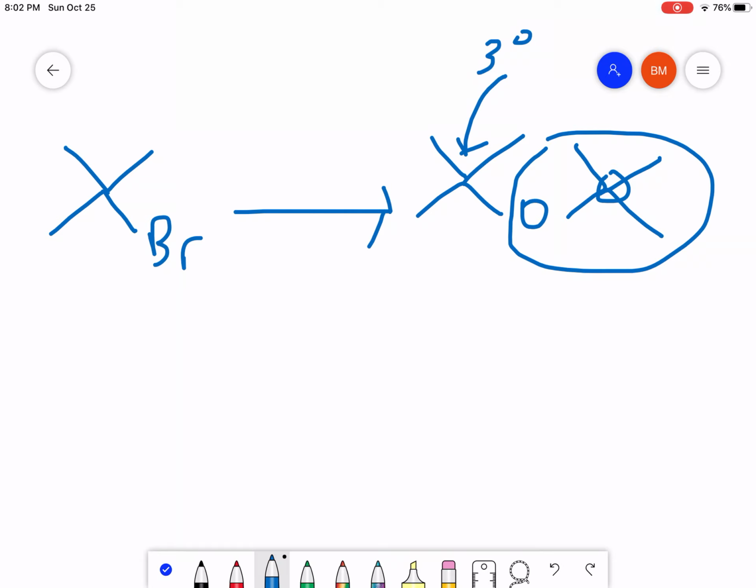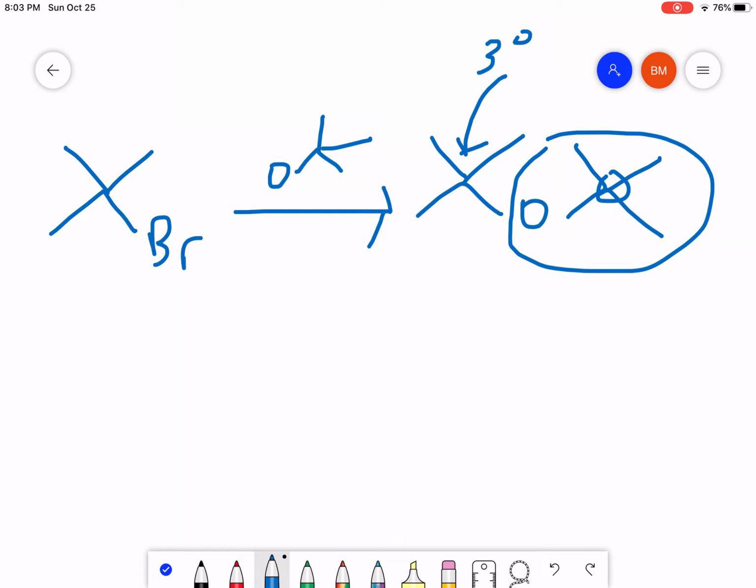Alright. So what type? First of all, what are we trying to get on here? We're trying to get another tert-butyl group and an oxygen. Alright. So the question is, are we going to use like a sodium or potassium salt here? No, we're not.